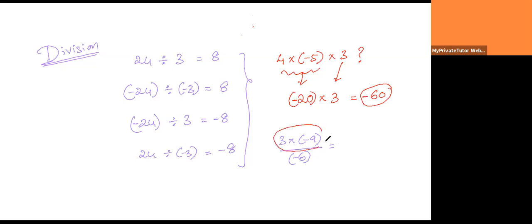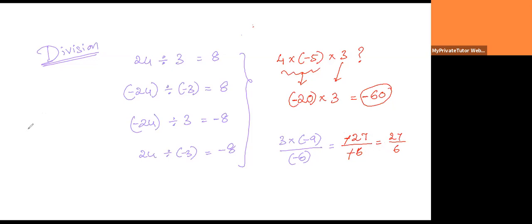You're going to multiply the first two numbers first. 3 times minus 9. 3 9s are 27, and we have one negative and one positive number, so we'll put a negative sign, divided by minus 6. Both are negative numbers that we are dividing, so this negative sign and this negative sign cancel out. We'll get 27 over 6. We can simplify this, but we'll discuss that later.